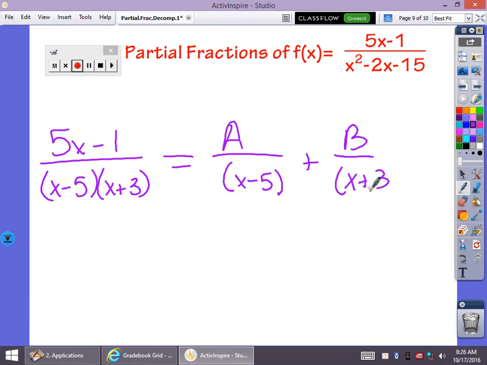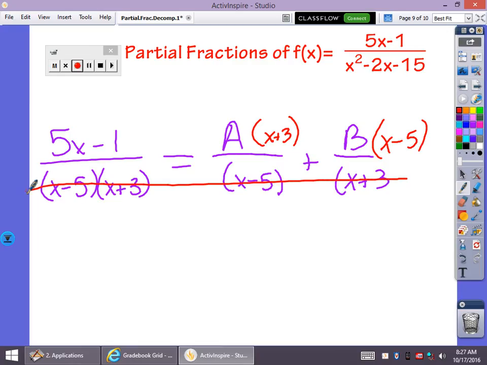Okay, how do I fix it? What does this get? X plus 3. Again, it could be opposite on your paper, x minus 5. Get rid of the bottom. So, in order to make this right here 0, what do I use? Negative 3.